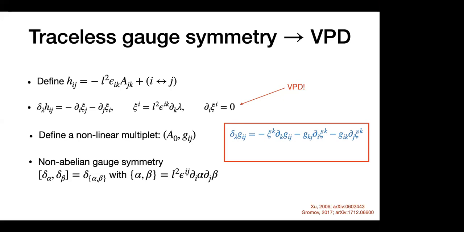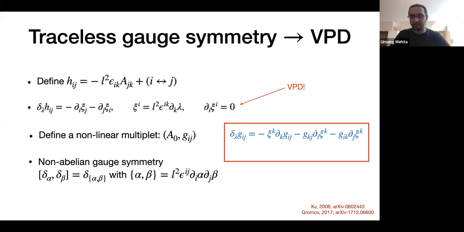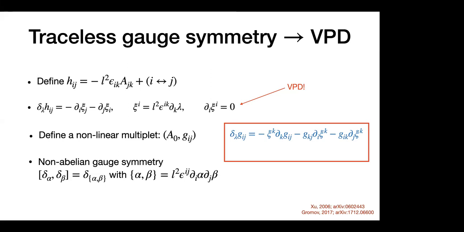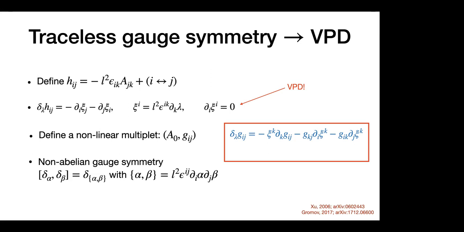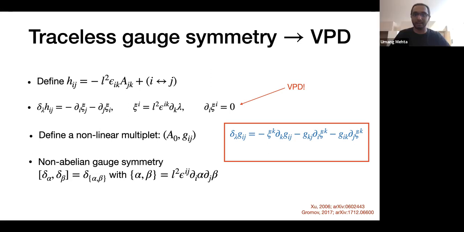Right, it was rho of x. Transformed? Yes, their coordinates are transformed. But that's not a symmetry of your problem. Right. It's simply a volume preserving diffeomorphism, but which at a linear level results in this gauge symmetry, this tensor gauge symmetry.